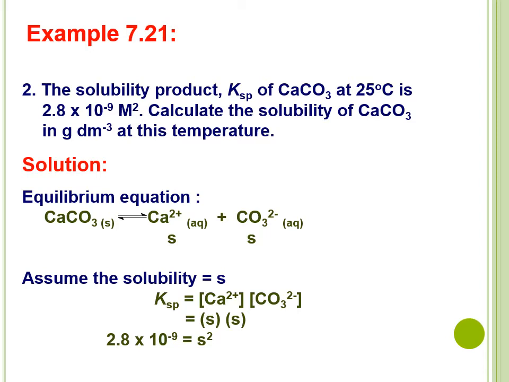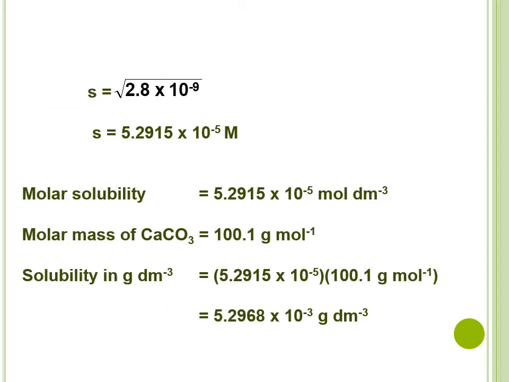So don't lose that mark. And when you substitute the value, 2.8 times 10 to the power of negative 9 is equal to S square. And then we square root the value and we got S as 5.2915 times 10 to the power of negative 5 molar.